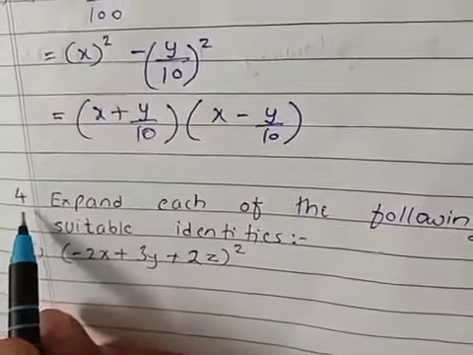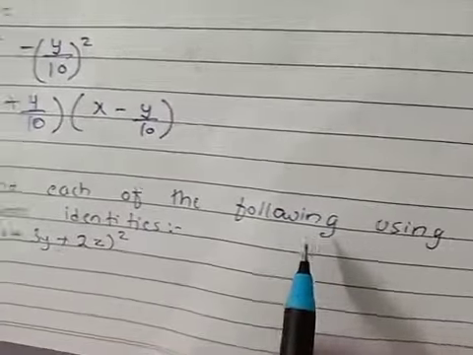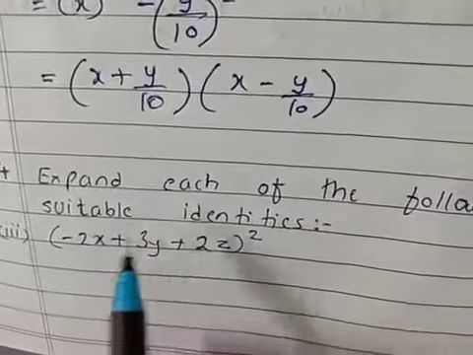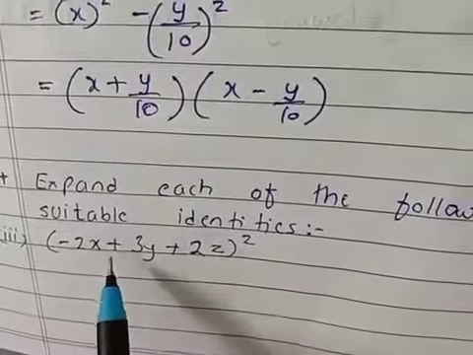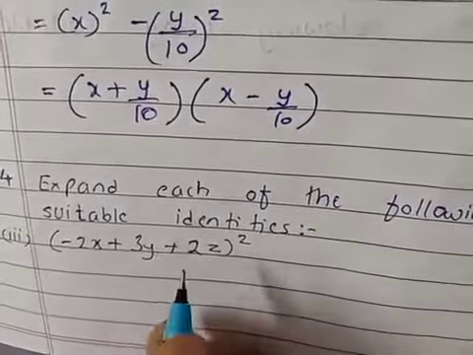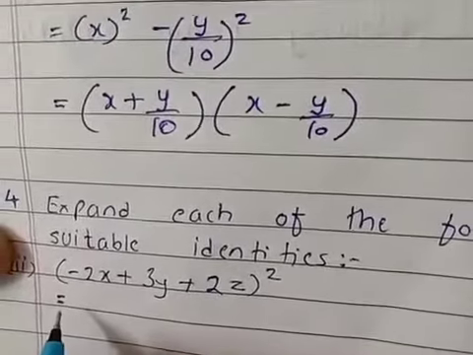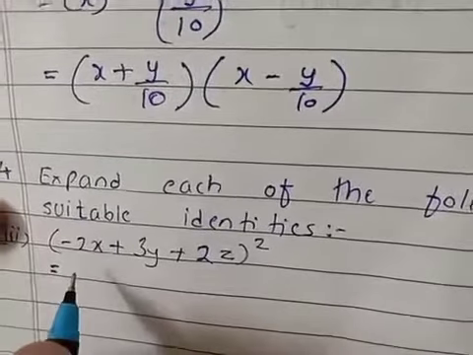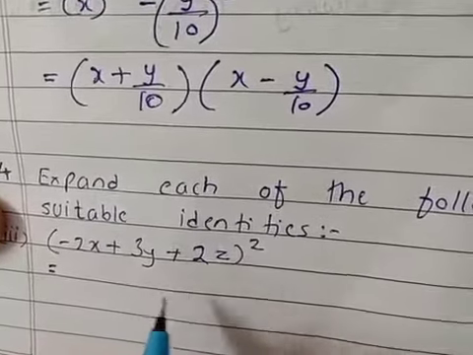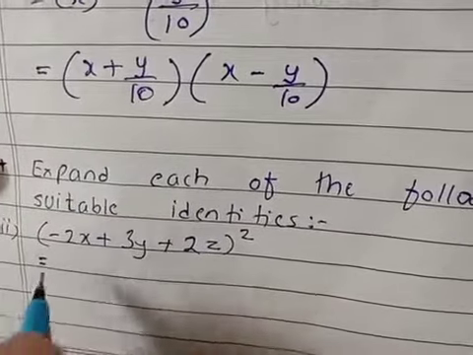Now let's solve the fourth exercise. Expand each of the following using suitable identities: minus 2x plus 3y plus 2z whole square. Now this is looking like which identity? This is looking like the identity a plus b plus c the whole square. So now what is a?